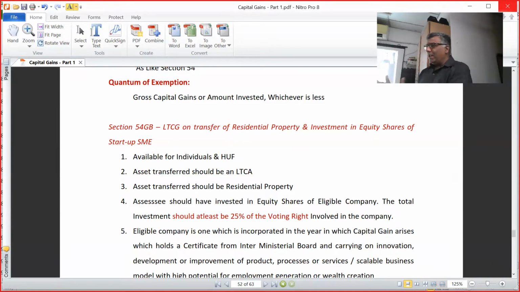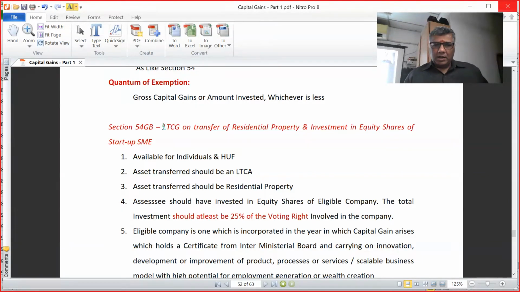Maybe 1 out of 100 or 1 out of 1,000 might do it, but in our country this cannot be a popular exemption. It's a combo of domestic cum business. That's why I've kept it last.